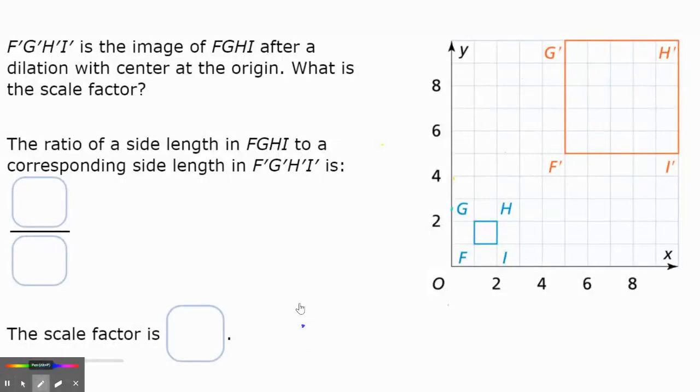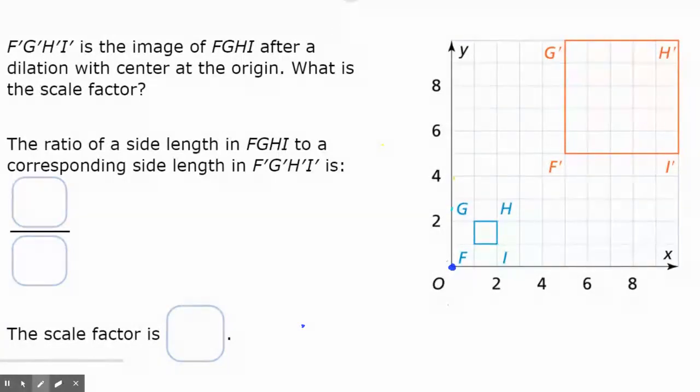Okay, let's look at application of this. So we have F prime over here, that's the orange one. F prime, G prime, H prime, I prime is the image of FGHI after a dilation with the center at the origin. Okay. What is the scale factor? So we're not being given the scale factor right now, but we can figure this out.